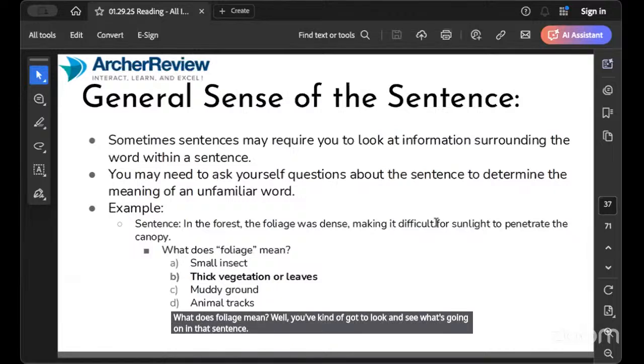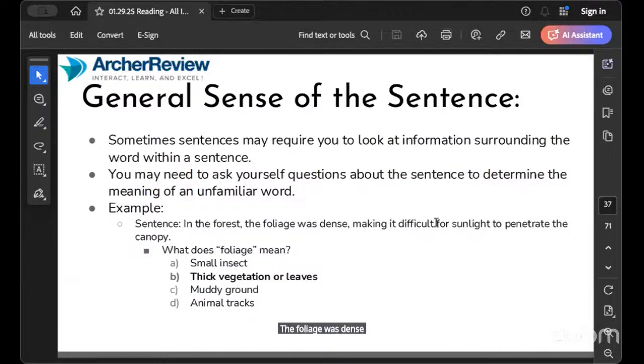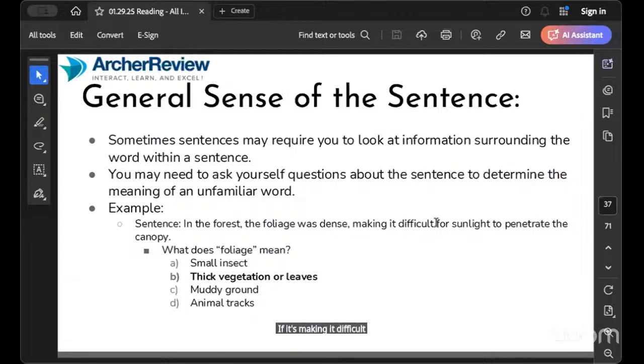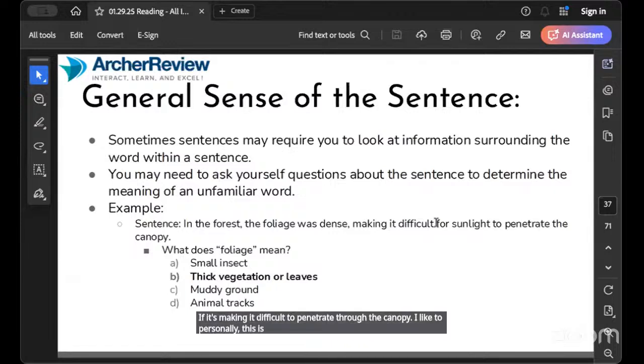The foliage was dense, making it difficult for sunlight to penetrate through the canopy.